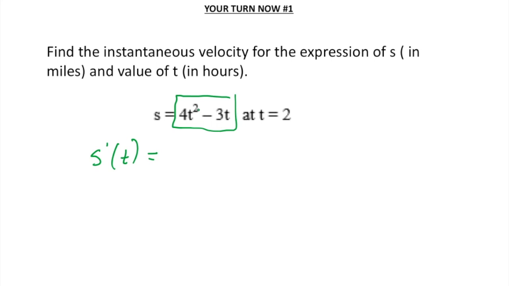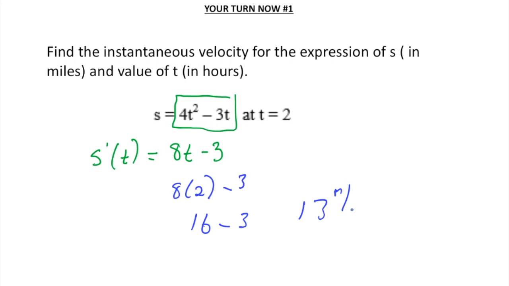That's going to equal 8t minus 3. Now we need to substitute a 2 in for the t. So that's going to be 8 times 2, take away 3. 8 times 2 is 16, and 16 take away 3 gives us 13. And that's going to be 13 miles per hour. And there's the velocity.